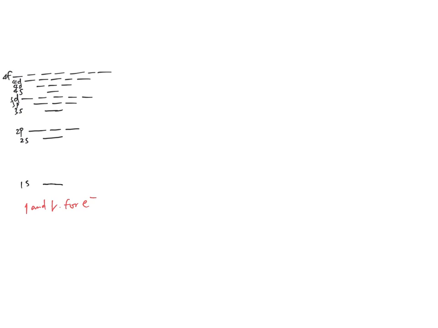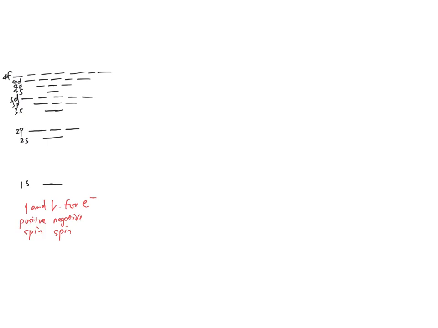Upper arrow means a positive spin, the electron with the +1/2 spin quantum number, and the downward arrow is a negative spin, the other electron, the electron with the spin quantum number of -1/2.